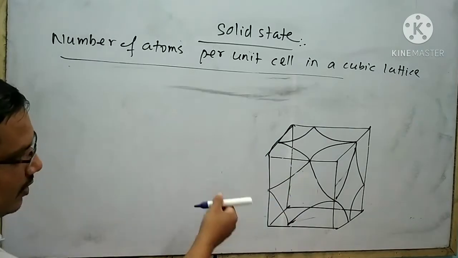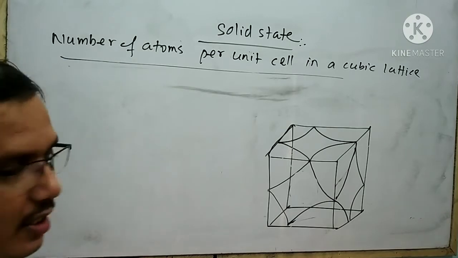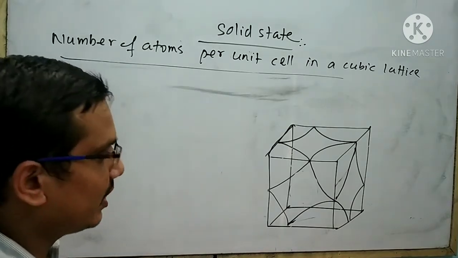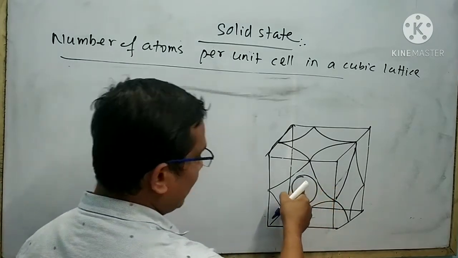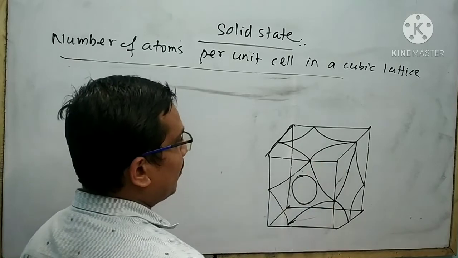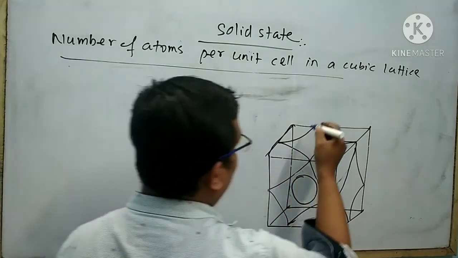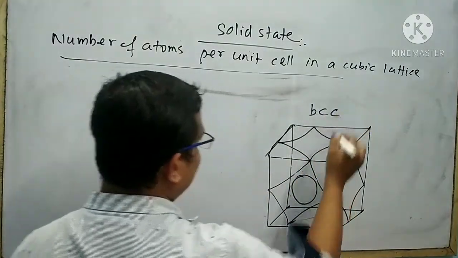Clear? This is the diagram for the simple cubic unit cell. In case of the body centered cubic unit cell, an extra constituent particle is present at the center of the body of this unit cell. So this is the diagrammatical representation for BCC.